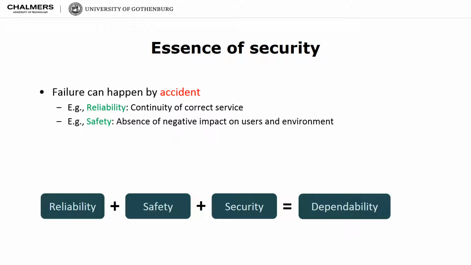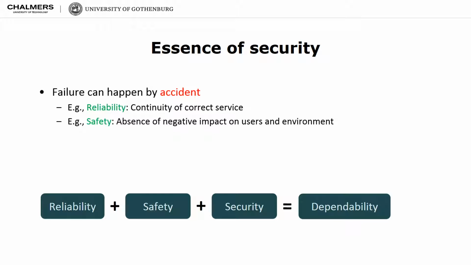Security as a software quality belongs to the larger category of dependability, and dependability also comprises other software qualities like reliability and safety. In essence, security also shares some similarities with these other qualities, particularly safety.